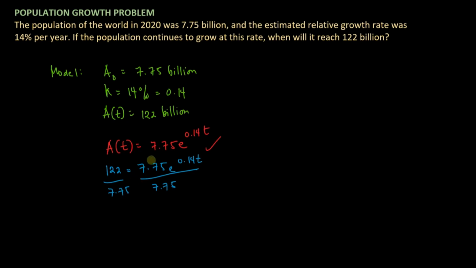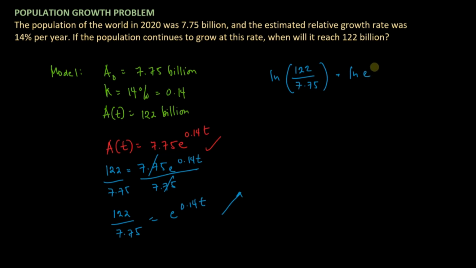So therefore we cancel this. So 122 over 7.75 equals e raised to 0.14 times the time. Then we have to take the natural logarithm, that will be ln of 122 divided by 7.75 equals ln e raised to 0.14 times the time.